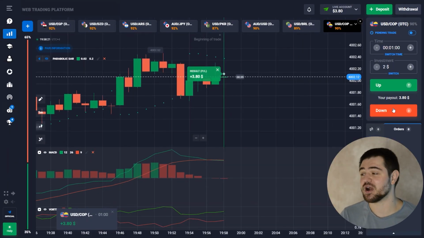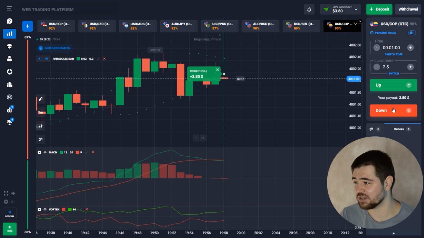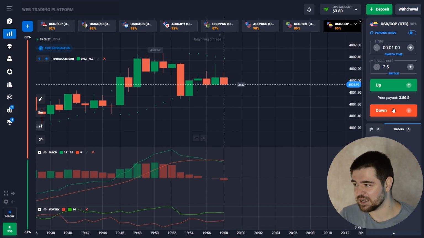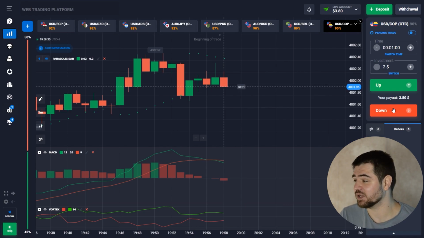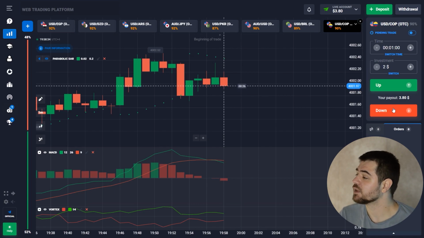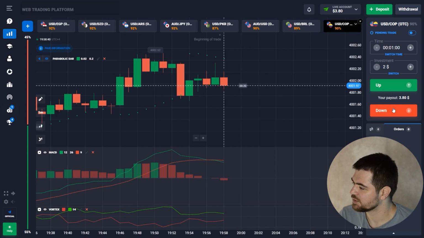Here's our first profit. It's not huge, as we started with a small amount. We started with a couple of dollars, but we'll get there. I'm just looking, should I continue on this one or not?